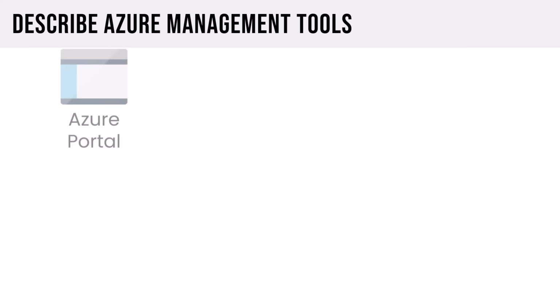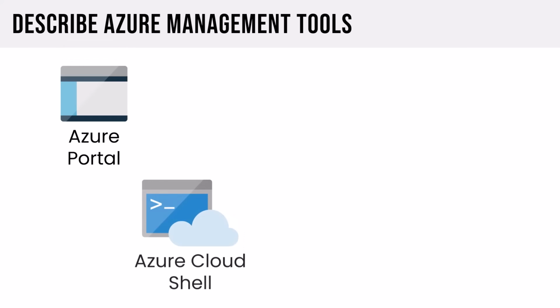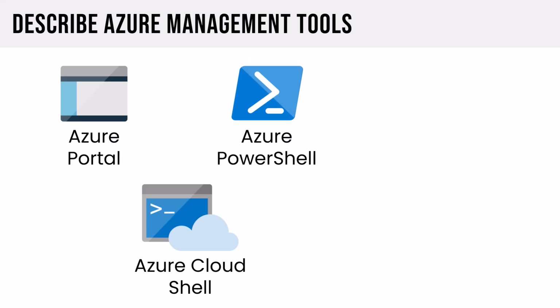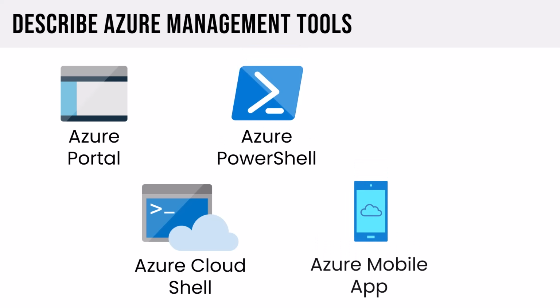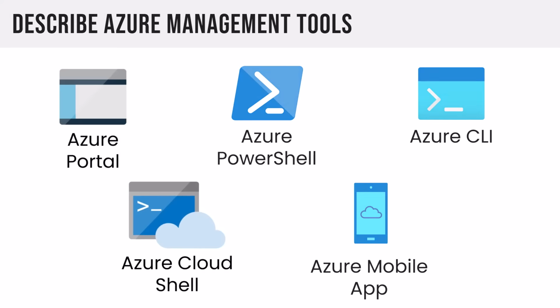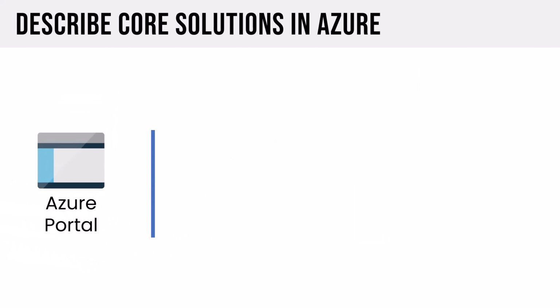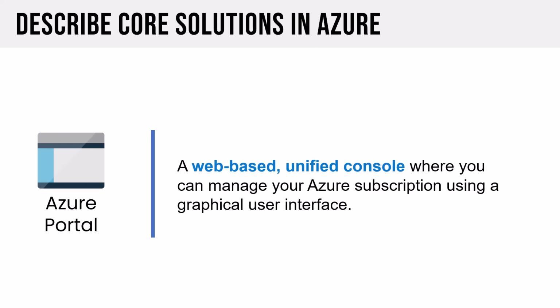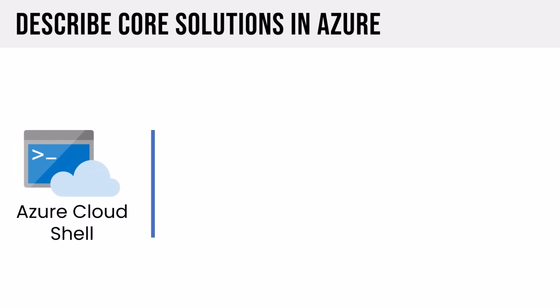There are several options for interacting with Azure. They include the Azure portal, Azure Cloud Shell, Azure PowerShell, the Azure mobile app, and the Azure CLI. So beginning with the Azure portal, this is a web-based unified console where you can manage your Azure subscriptions using a graphical UI. Pretty straightforward. Then we have the Azure Cloud Shell.